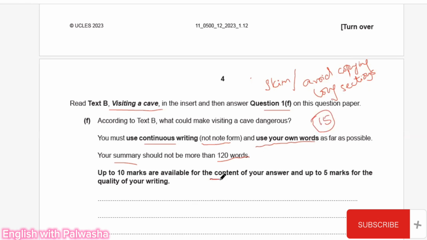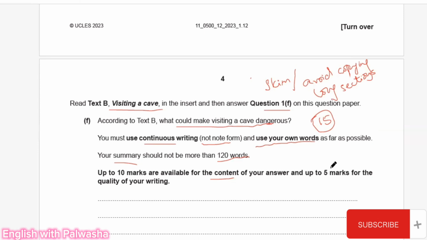The content you write should be to the point, because they are asking, according to text B, what could make visiting a cave dangerous? So we are going to understand the question first. We will then underline the lines, pick up those lines and start writing in our own words. All right.